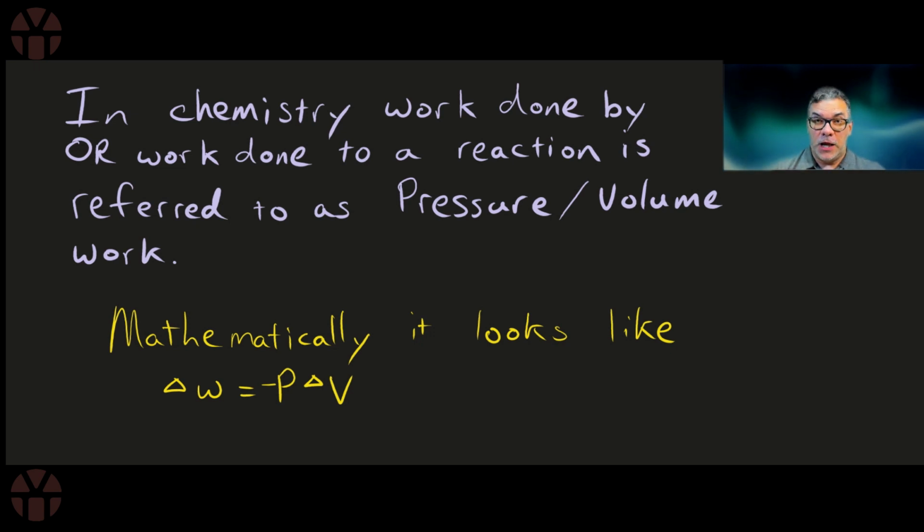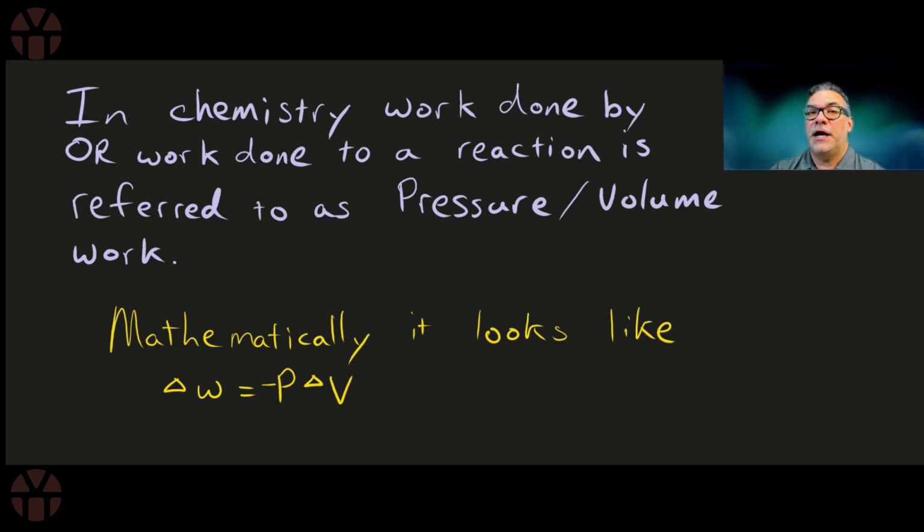In chemistry, work done to or work done by a reaction is referred to as pressure volume work. Mathematically, it looks like what I've written there in yellow. So the change in work equals negative, we'll talk about that in a moment, pressure times a change in volume.